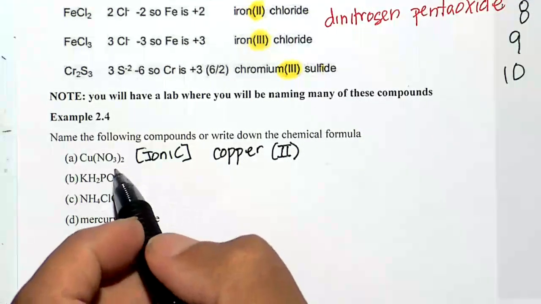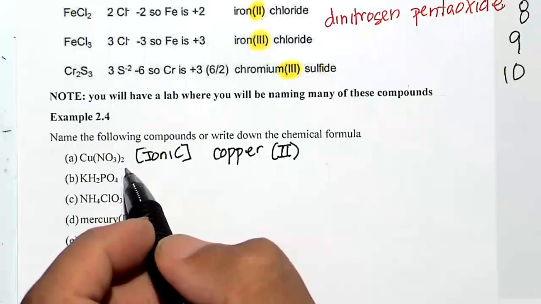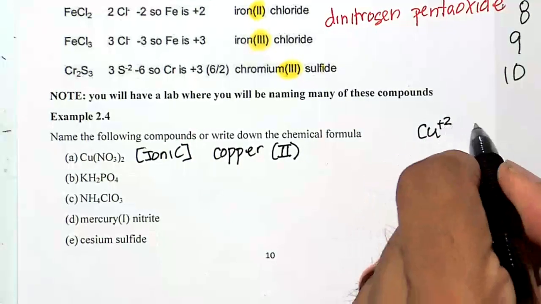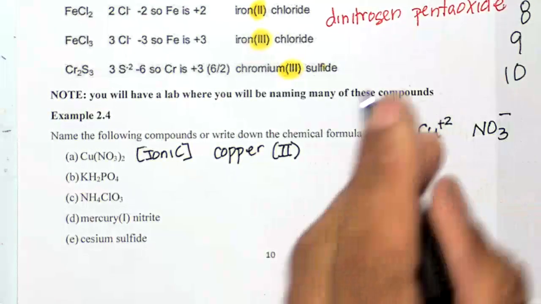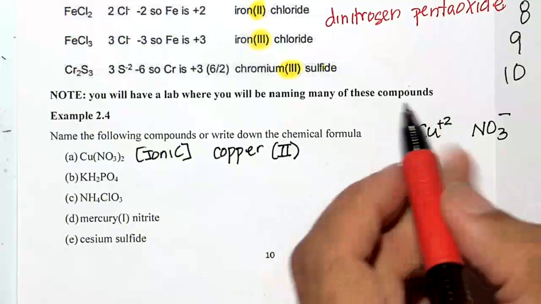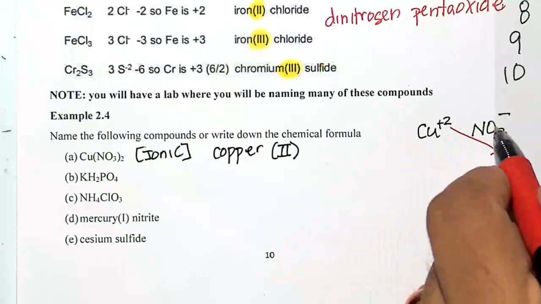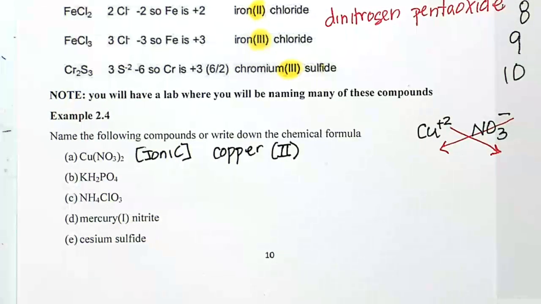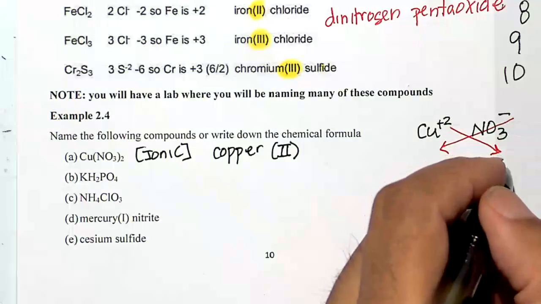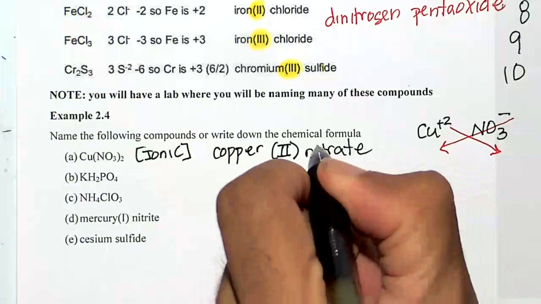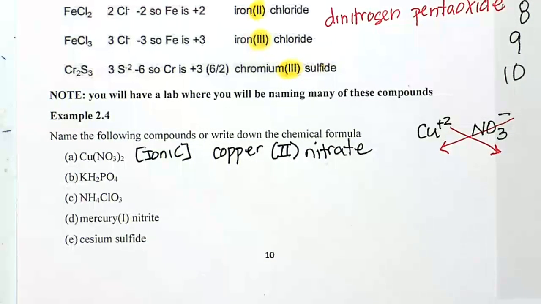Roman numerals. And then what is NO3? It's NO3 minus. The 2 goes here, and the 1 goes here. NO3 minus is called nitrate. Remember nitrate? So this is called copper(II) nitrate. That's the answer for this one. It's ionic, as Emily is correct.